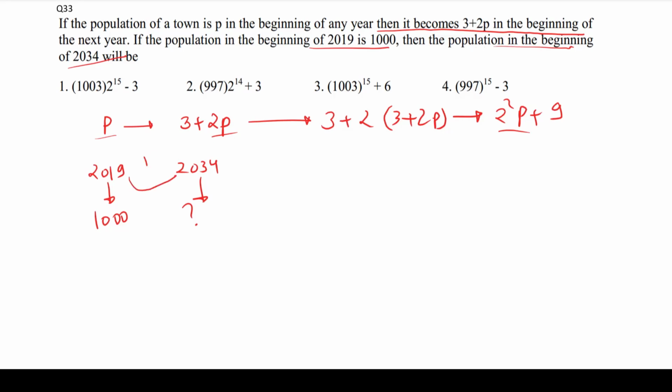Their difference is 15, so this number must have 2 to the power 15 into 1000 plus something. On checking the options, we can see that 2 to the power 15 is only in the first option, so this must be the right answer.